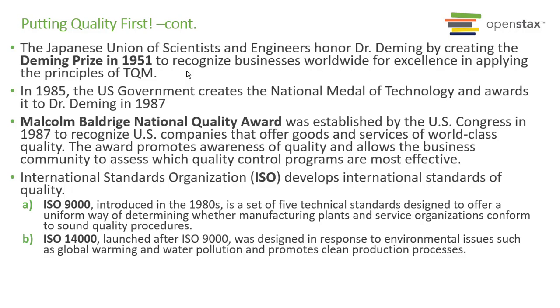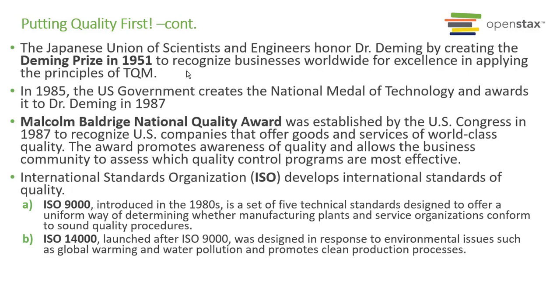Now, I told you what happened in the 70s and the 80s. The U.S. kind of got caught in this race with Japan, where Japan was starting to surpass the U.S., especially in the quality of its cars in the auto industry. And all of a sudden, it was catch-up time. In 85, the U.S. government created the National Medal of Technology and awarded it to Dr. Deming in 87.